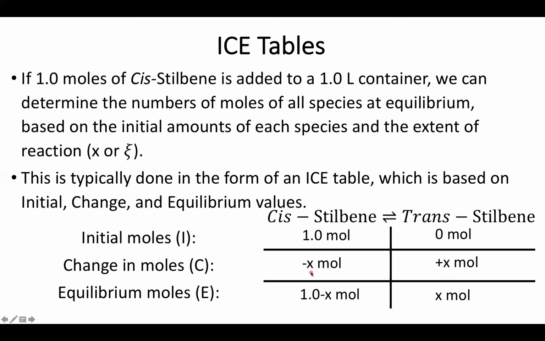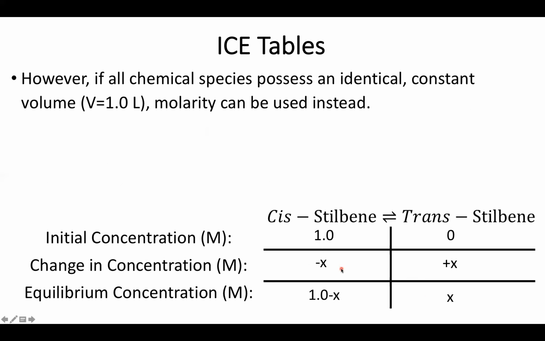However, one of the things that is worth noting is since the volumes of all of these systems are going to be the same, we don't have to represent them as moles. We can represent them as molarity. Now, do note that this only occurs if both reactants and products are in the same container, which is usually the case. Gets a little bit messy if I'm having a gas-producing reaction, though.